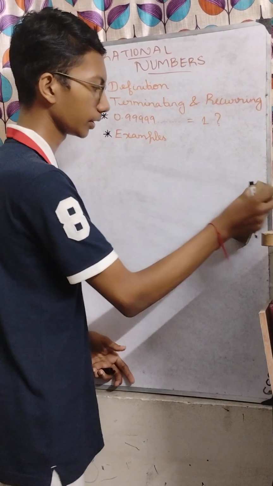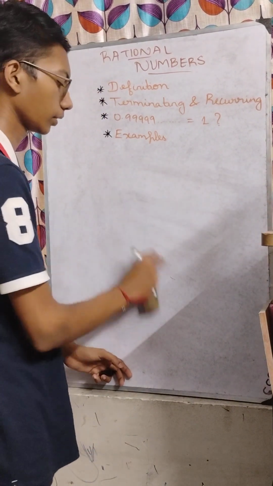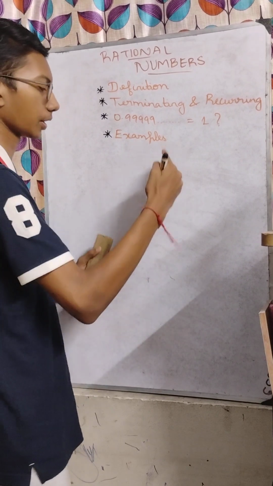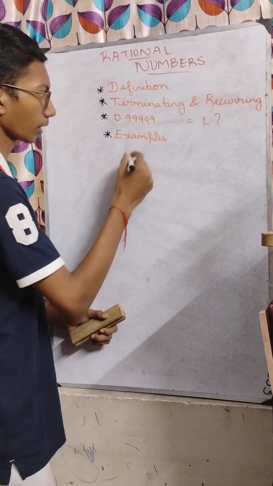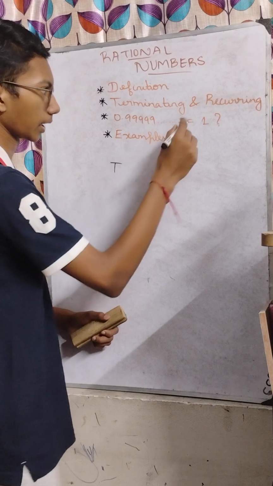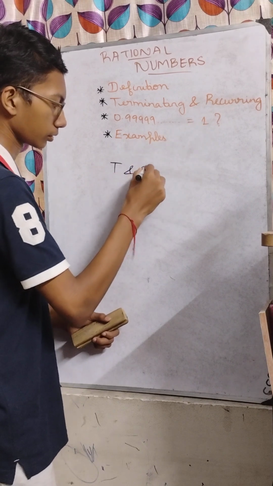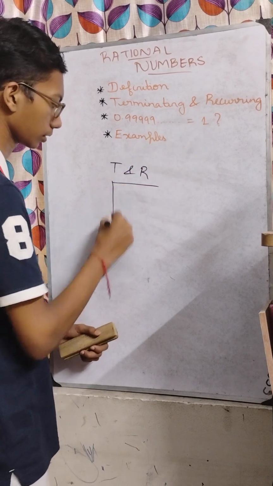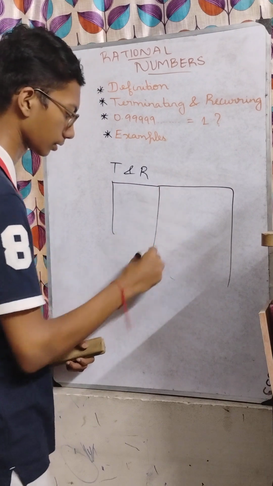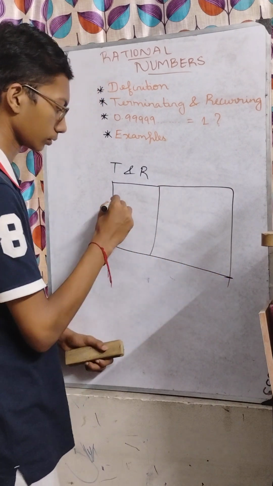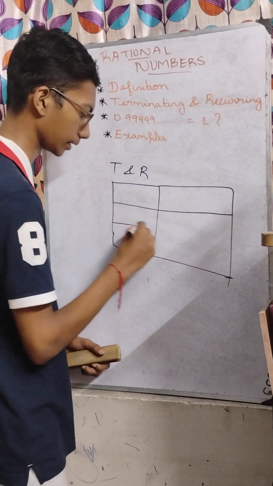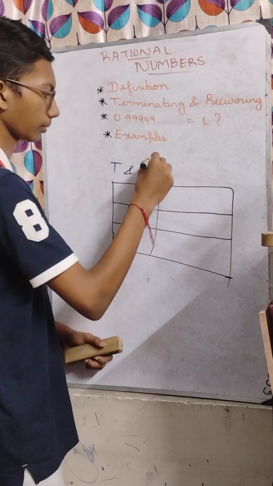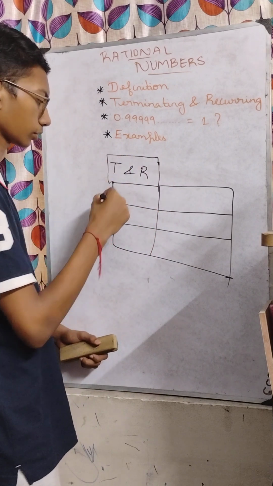Now we will combine these two and we will separate rational and irrational numbers. So I will write terminating as T and recurring as R. Let's just have a tabular column like this. So we have 3 categories or maybe 4 categories, but the fourth one is not that relevant.